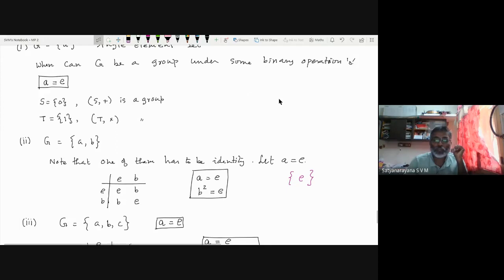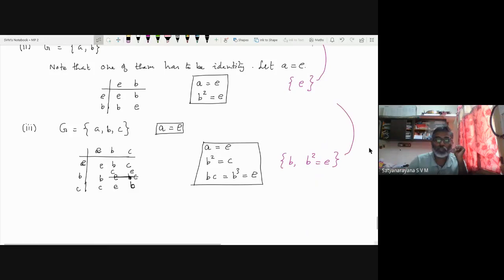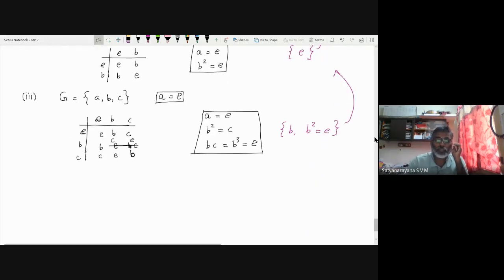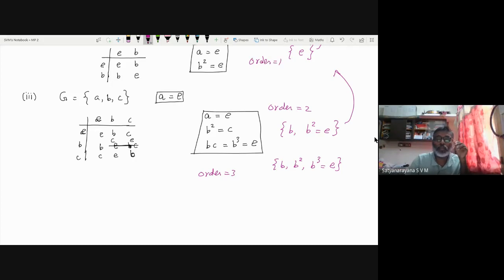So this is here, and this B square is the 2 element set, that is here. And here what do we have? I have B square, and B cube is identity. Now you can realize that we can form a group of this type of any order. So here the order of the group is 3, here the order of the group is 2, and here the order of the group is 1, right? So I can form this.